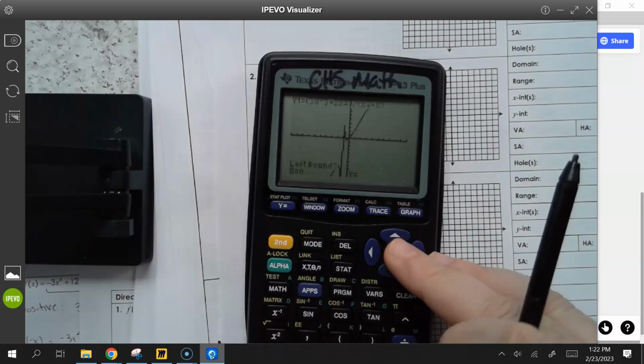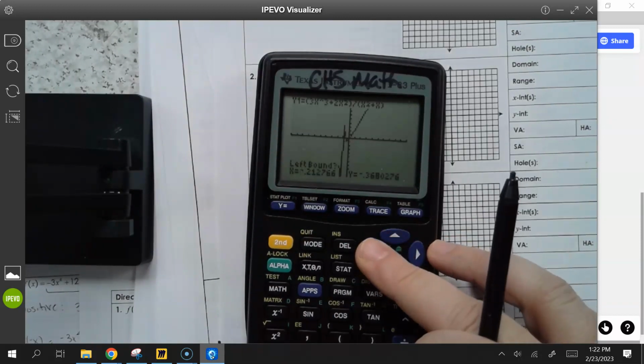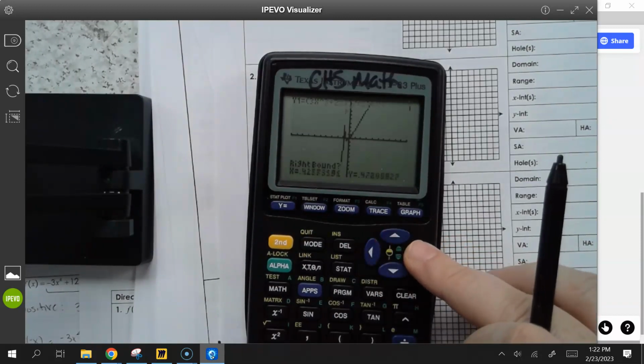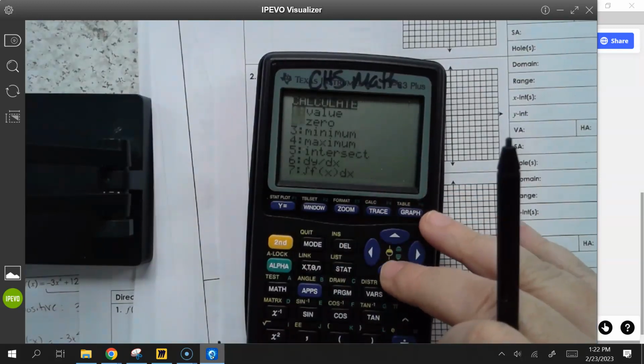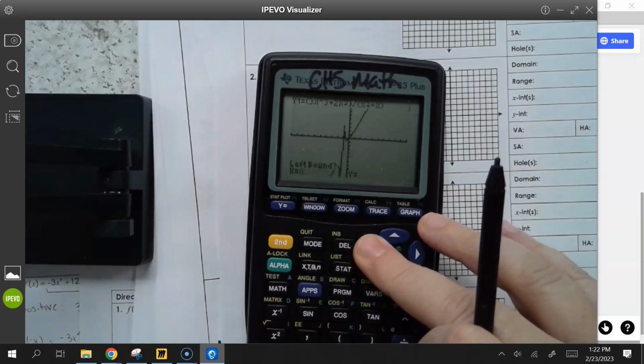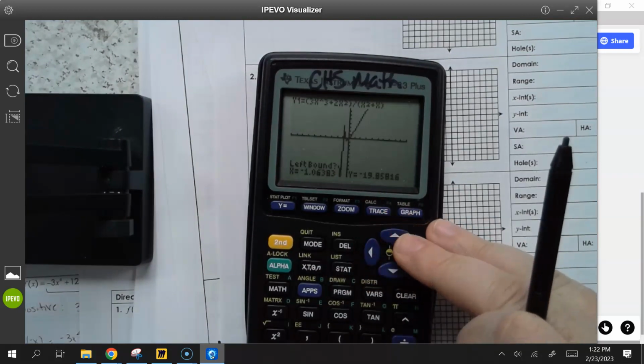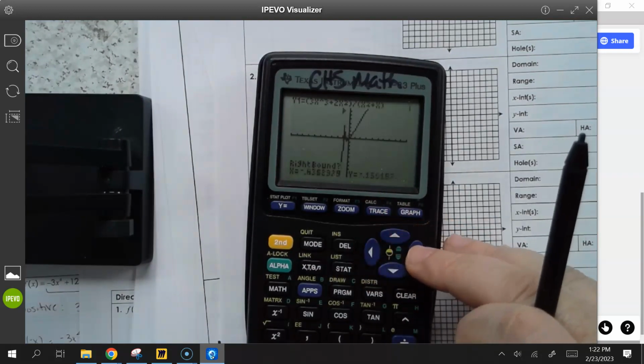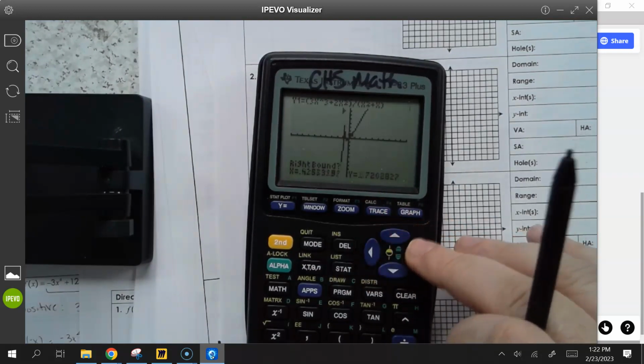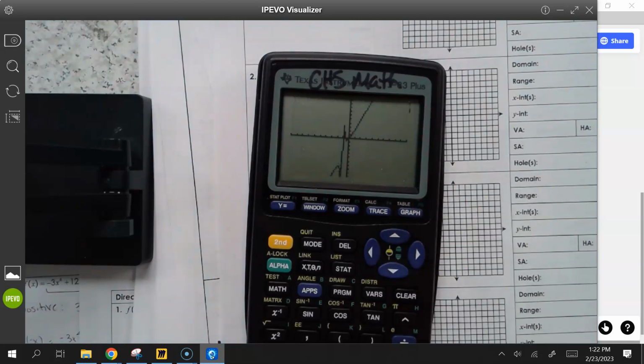Calculate the minimum. So, how come mine is only going on the top graph? Keep going to the left and it'll jump down to the bottom one.